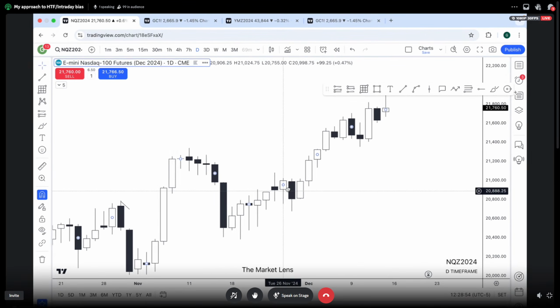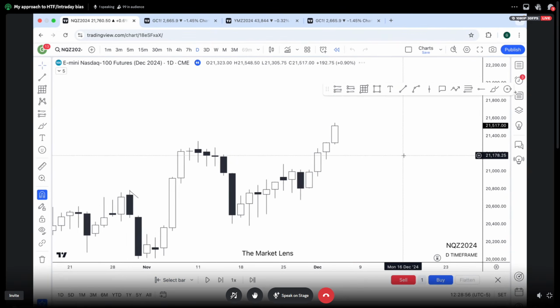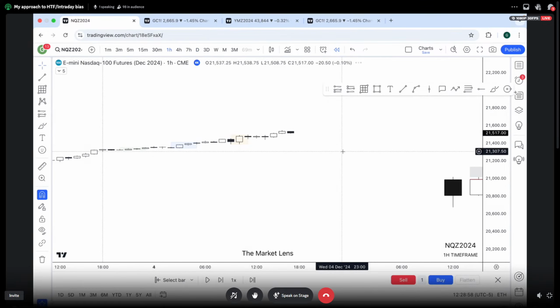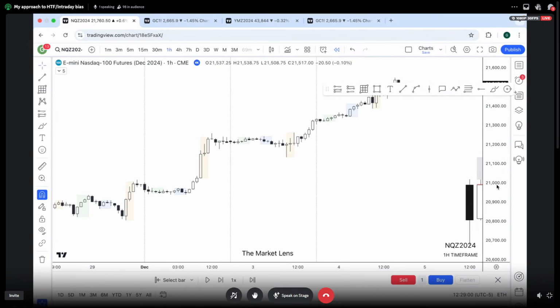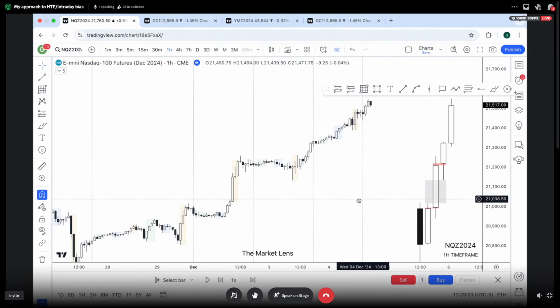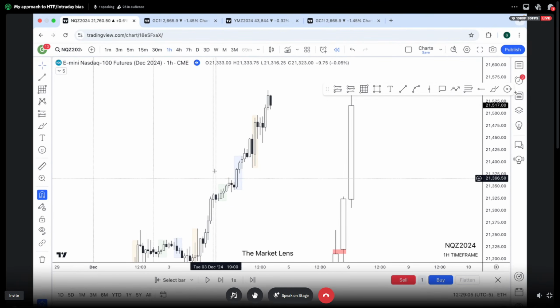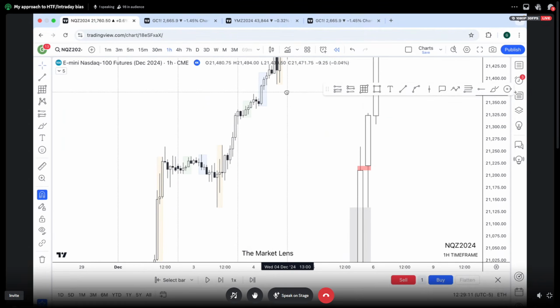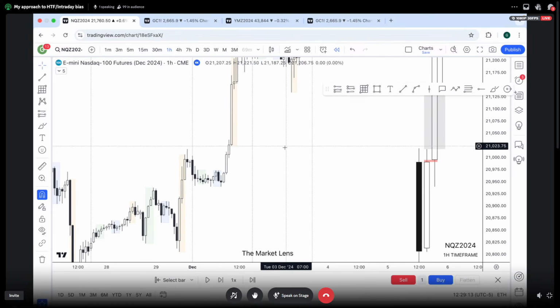It's really my ability to filter stuff that I don't want to be involved in. For example, this day, if I want to trade this day bullishly, I'm not going to trade it. Why? Because there's no manipulation. So I'm just going to let it go. That's an example right there.